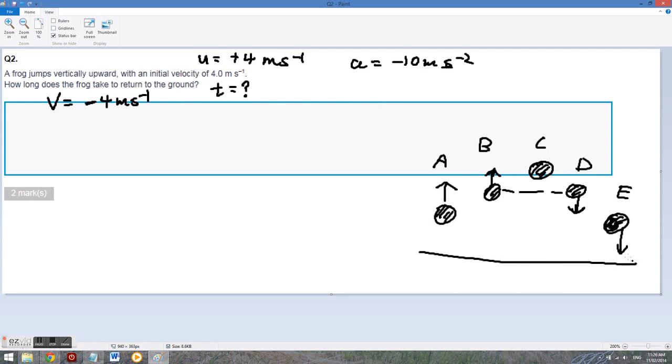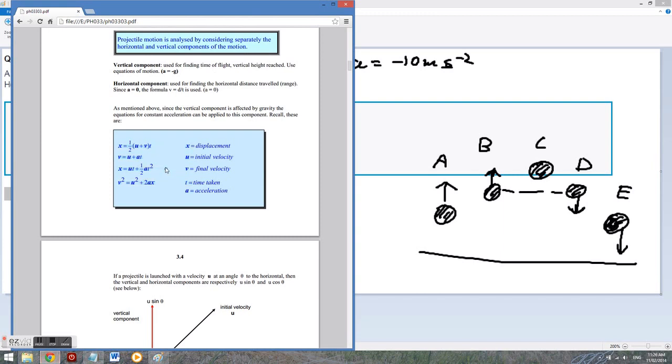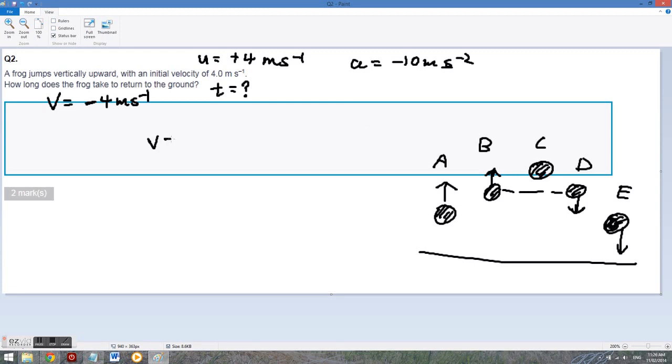Now after this, we have u, v, t, and a. We go to your constant acceleration formulas. Find the equation with u, v, t, and a. Yep, that's one. So v equals u plus at.